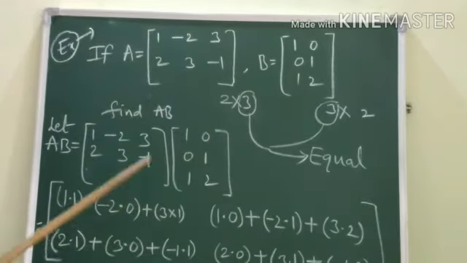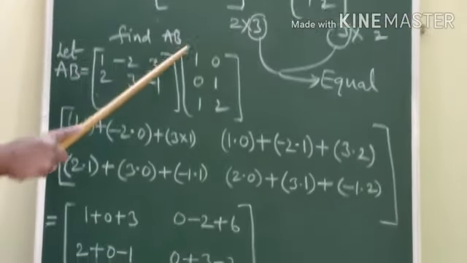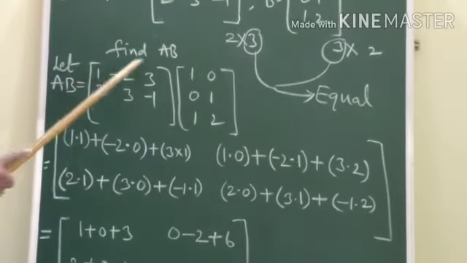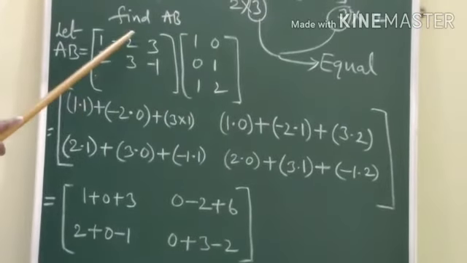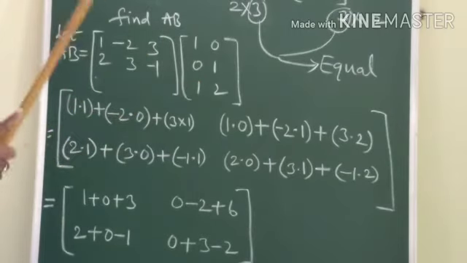Now let us see A into B is equal to [1, -2, 3; 2, 3, -1] times [1, 0; 0, 1; 1, 2]. Now let us multiply first row, first column, that is 1 into 1 plus minus 2 into 0 plus 3 into 1.